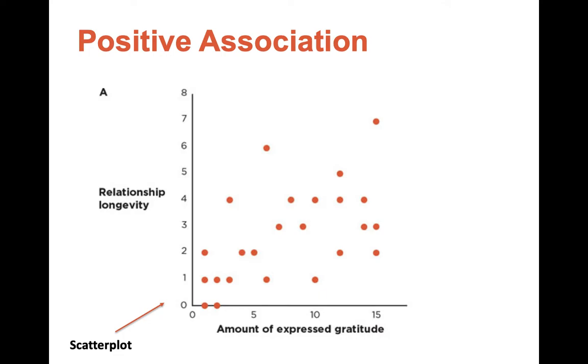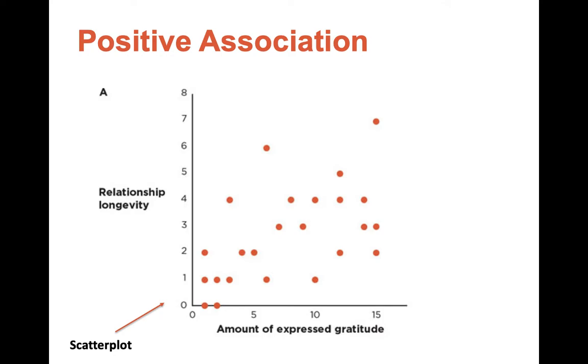What we have depicted here is a scatter plot. This is just one way to represent an association. It's a visual. One variable is plotted on the x-axis, the bottom horizontal axis, and the other variable is plotted on the y-axis, the vertical axis. Each one of those dots represents a person in the study.